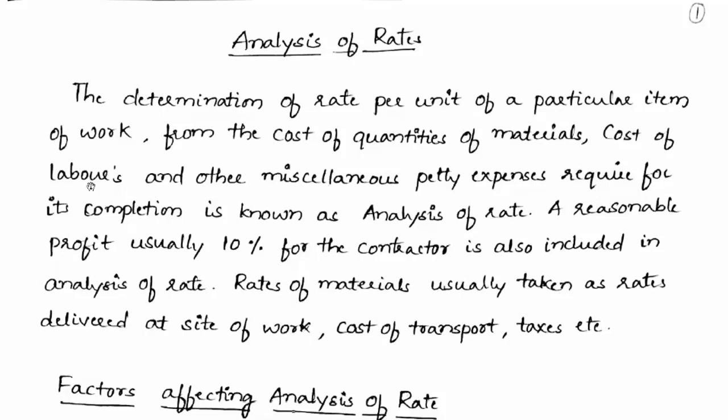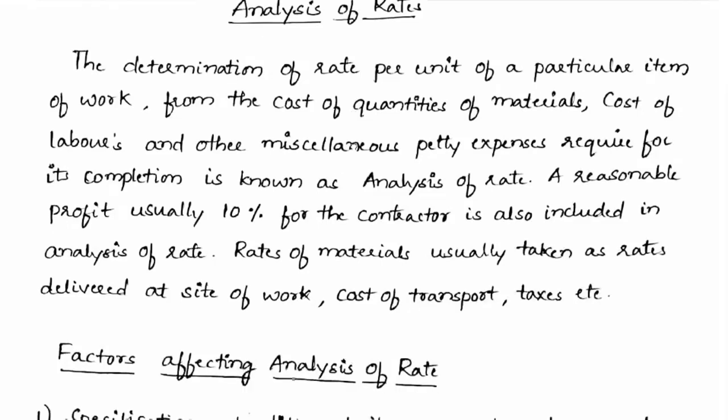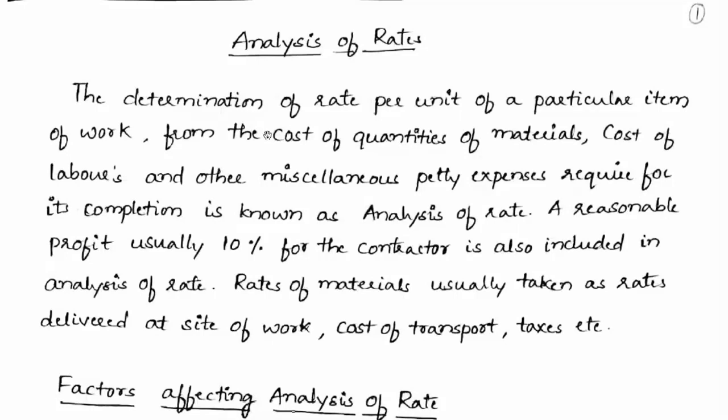In today's class, we are going to study the analysis of rates. Generally, I will take an example of a mobile. If you want to purchase a mobile, there are certain rates, like 15,000 or 20,000.